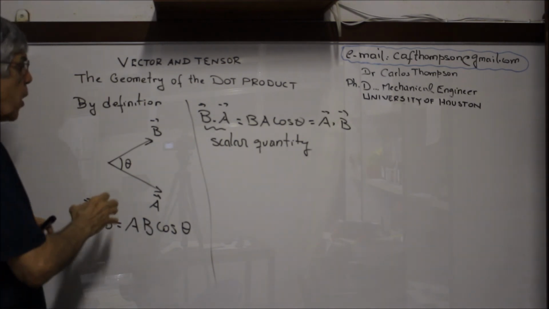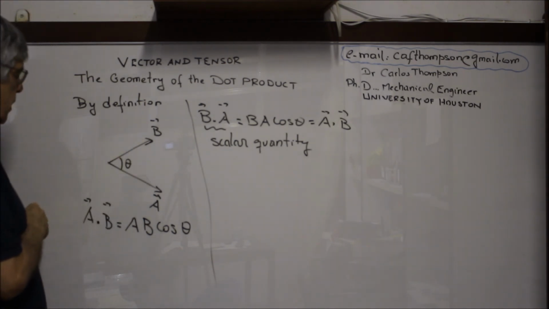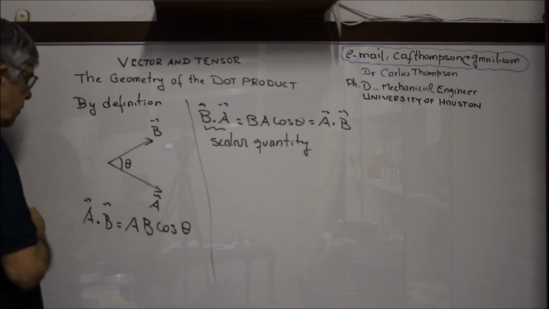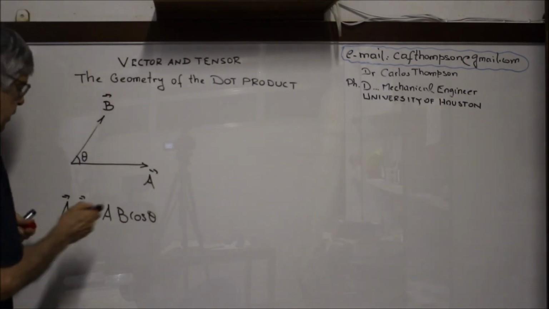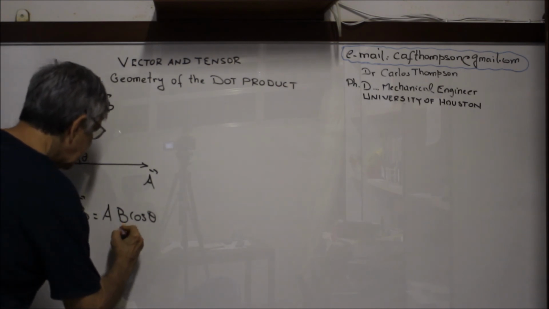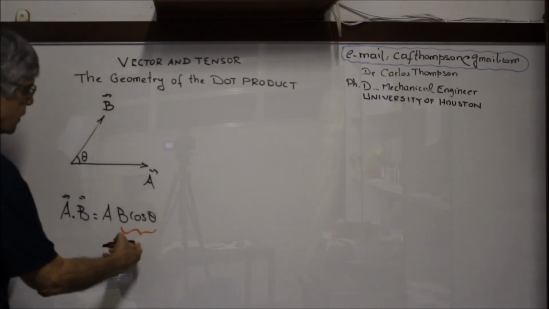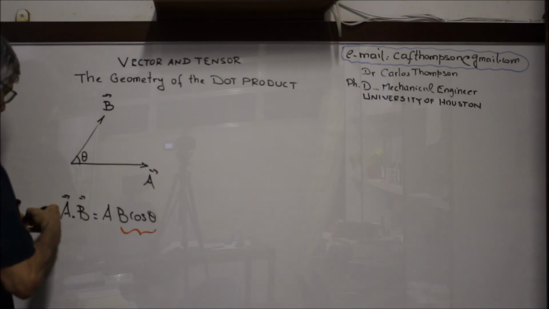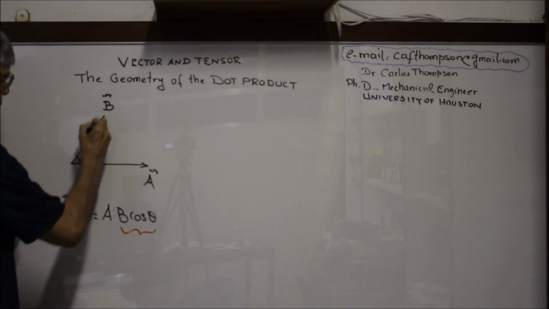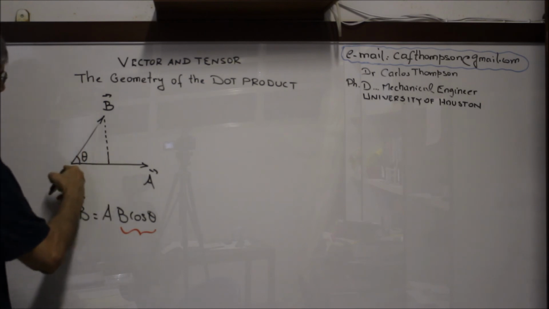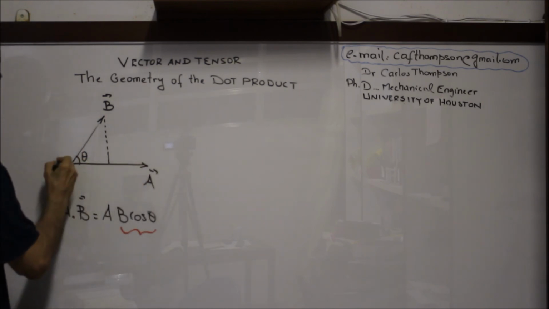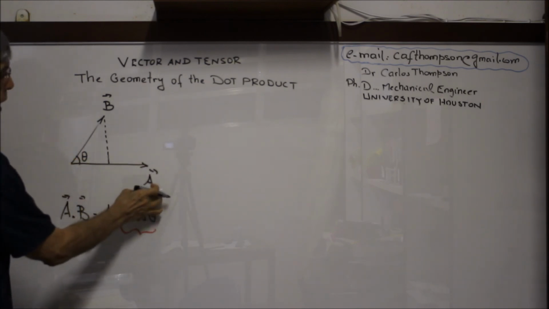Then we see some properties of the dot product between two vectors. Here we see that B cosine theta is the projection of the vector B on the straight line in which A lies.